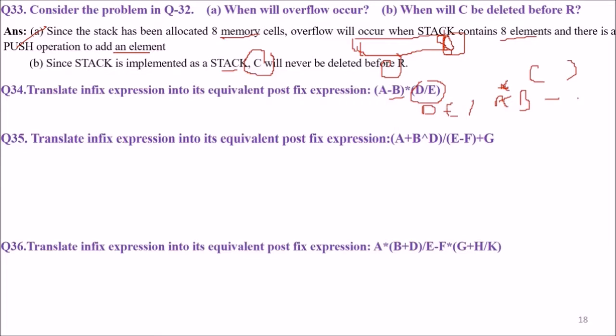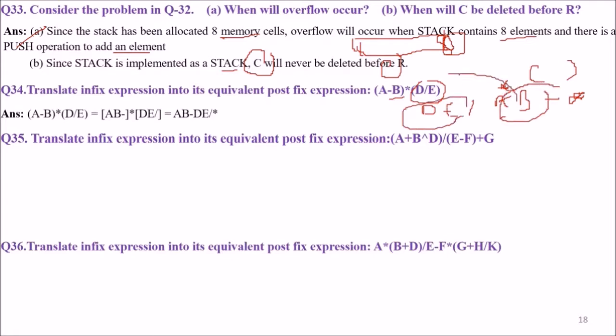So AB minus, DE division, and multiplication. Okay, this will be the answer. AB minus, and DE division, then multiplication.